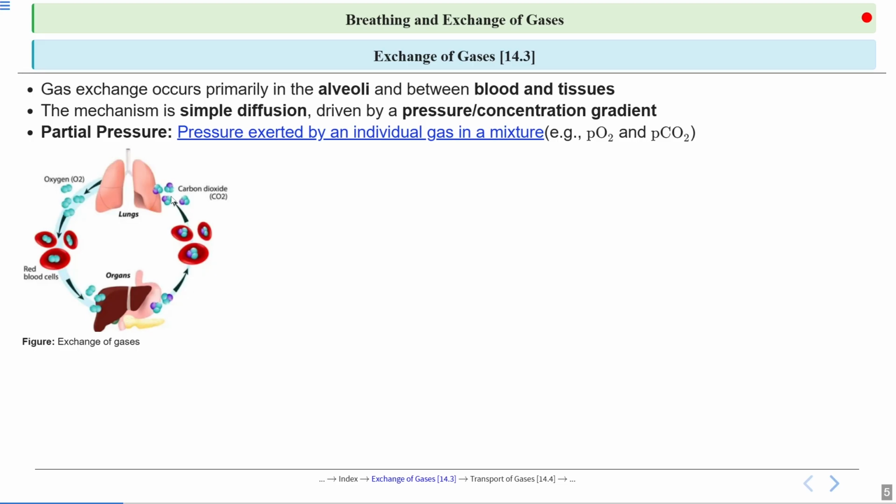The heart is also helping in this circulation, which you will understand later on. Here it is very important to understand partial pressure. I hope you understand PO2 and PCO2, that is, the gases exerting their own individual pressure in a mixture of gas, that is air.